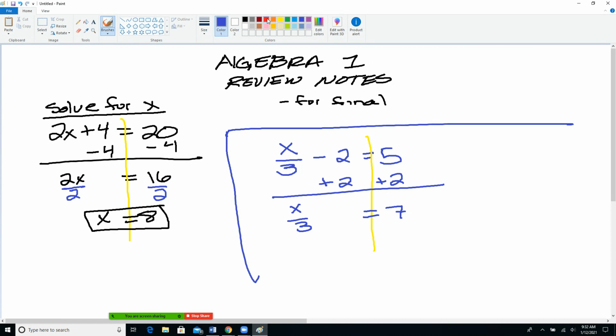Zach, what's my next step? Multiply both sides by 3. So that cancels out. x equals 21. For the final, you're going to have to write a box around each of your answers.